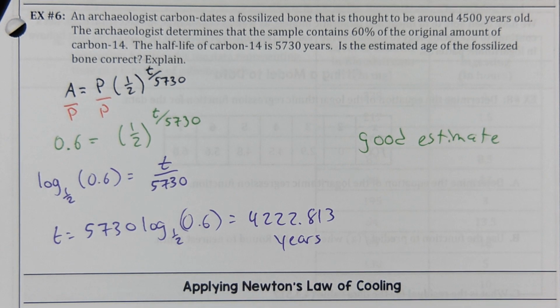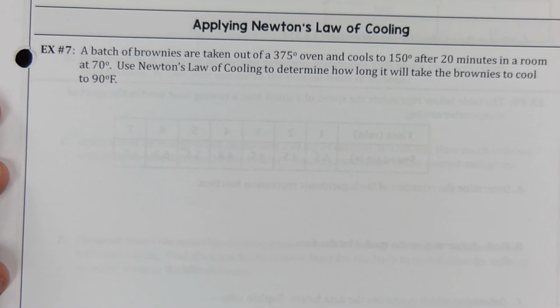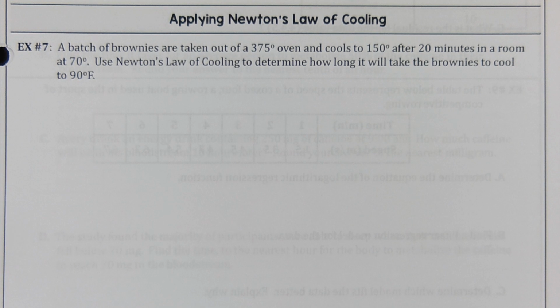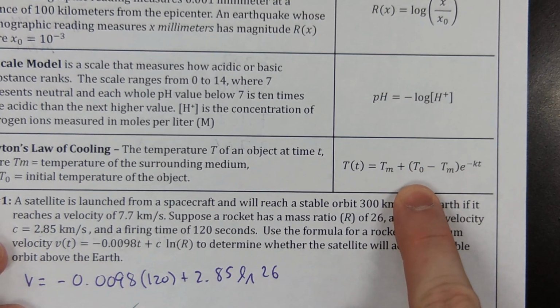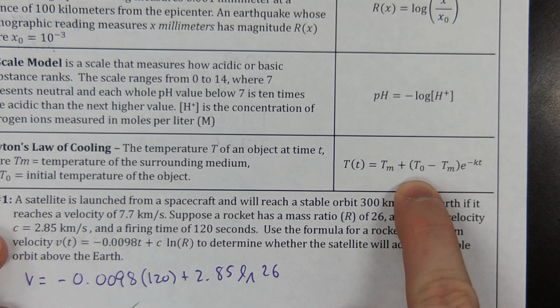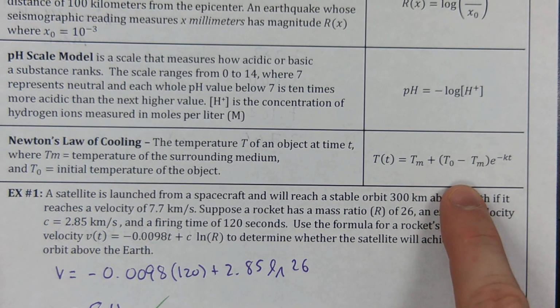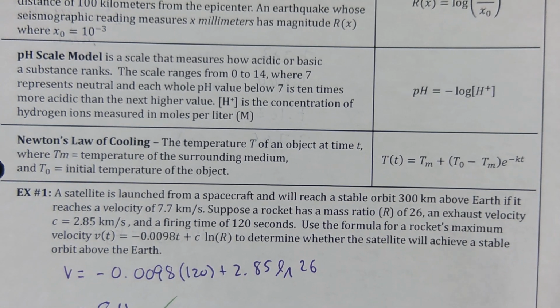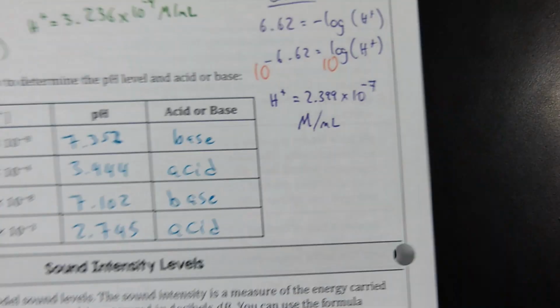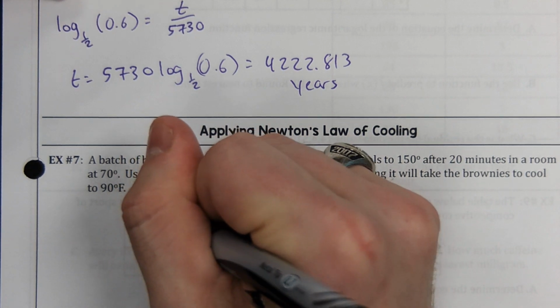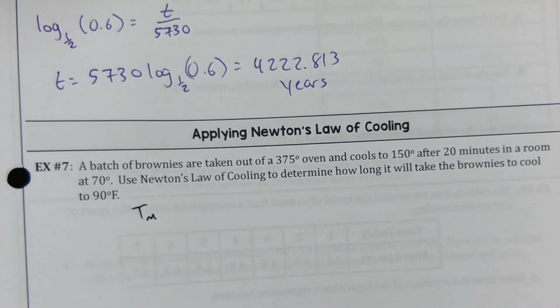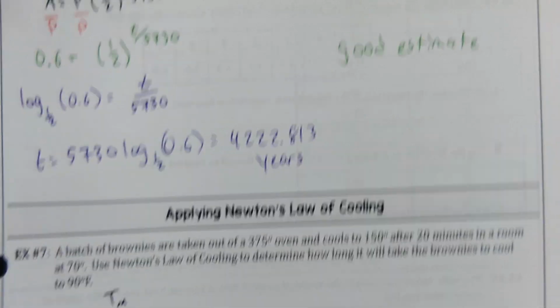Can we move on? All right. Newton's law of cooling. I don't have Newton's law of cooling memorized. You don't need to have it memorized. Time to go back to the front and grab it. We're going to copy paste this to the back. I've already forgotten it.